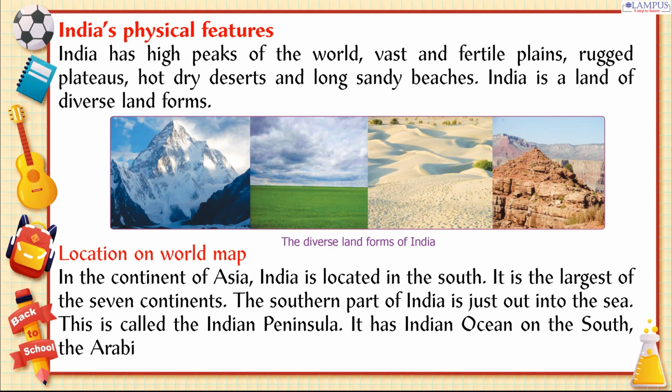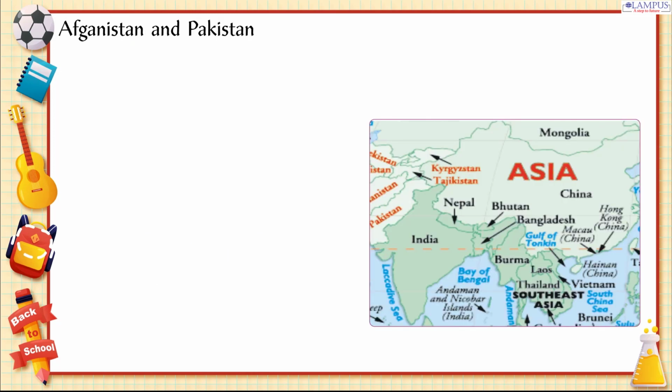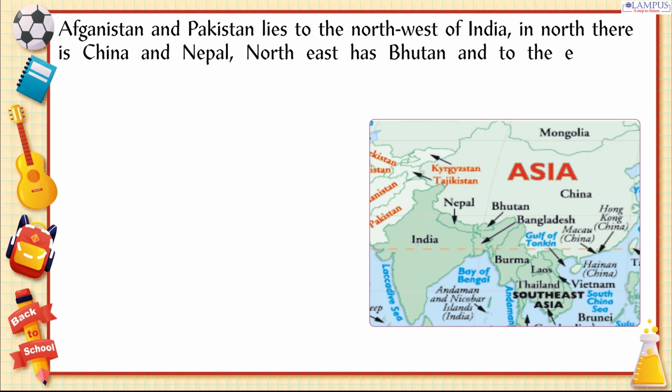It has the Indian Ocean on the south, the Arabian Sea on the west and the Bay of Bengal on the east. Afghanistan and Pakistan lie to the northwest of India. In the north there are China and Nepal, the northeast has Bhutan, and to the east are Myanmar and Bangladesh.